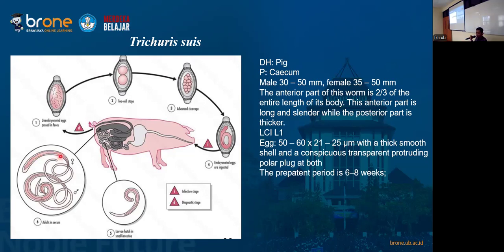The rear posterior part is thicker, like this one. This is the posterior part, and this is the anterior part. The infective stage of this worm is L1, first stage larvae, and the prepatent period is about 6 to 8 weeks. This is Trichuris suis.